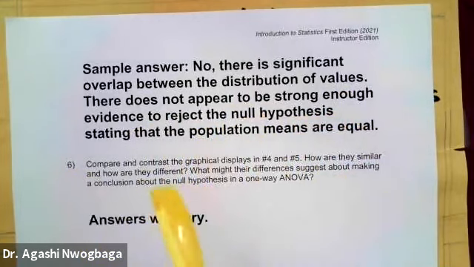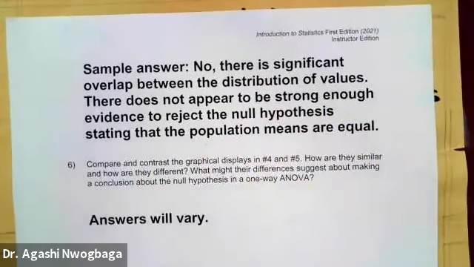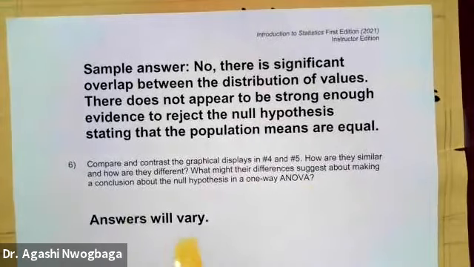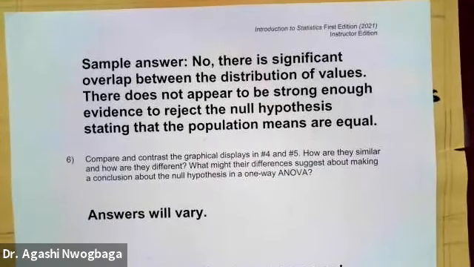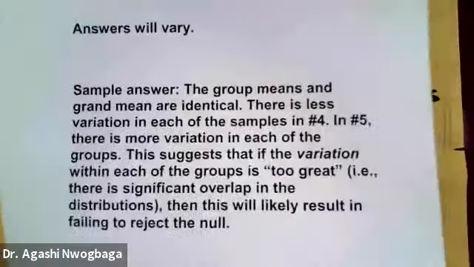Number 6, compare and contrast the graphical displays in number 4 and 5. How are they similar and how are they different? What might these differences suggest about making a conclusion about the null hypothesis in a one-way ANOVA? Answers will vary, but this is a sample answer.